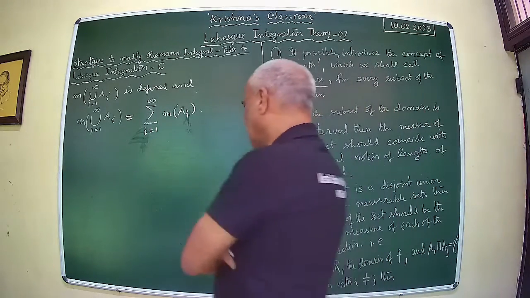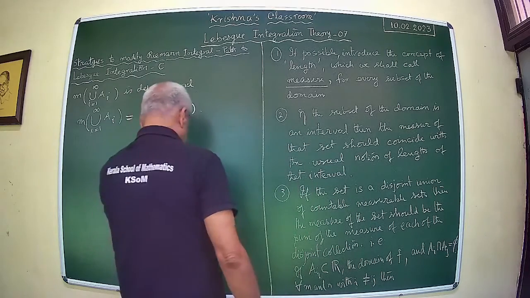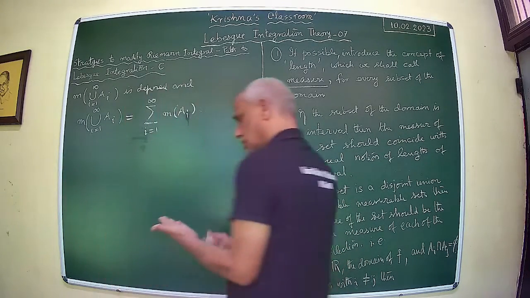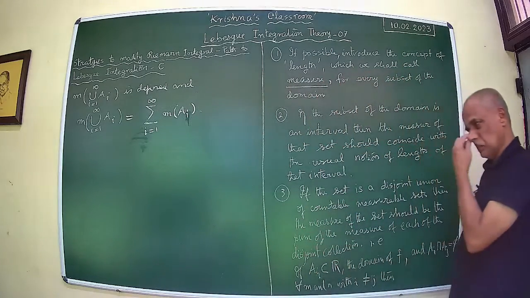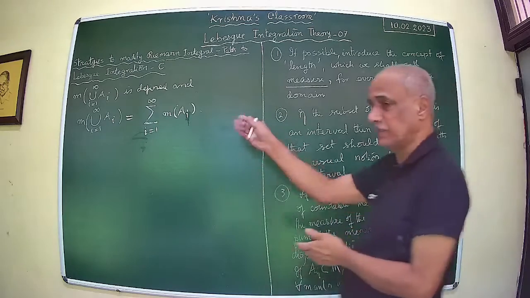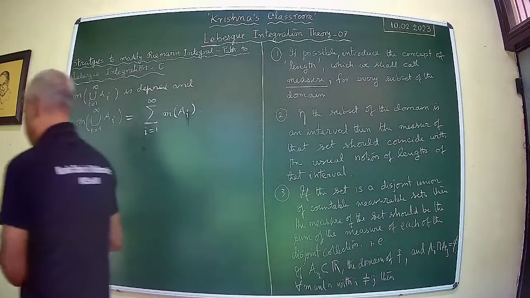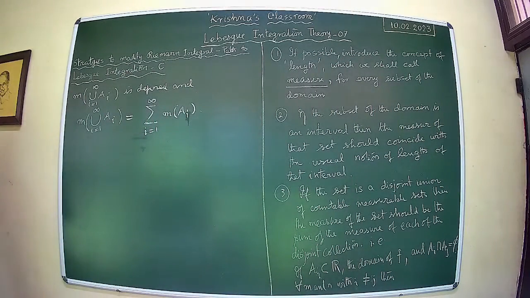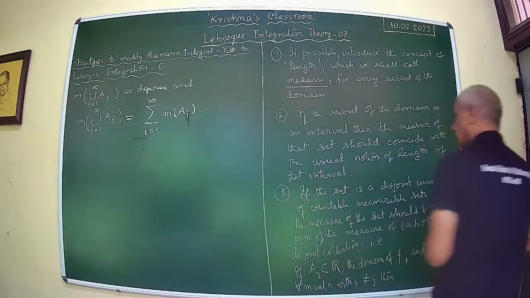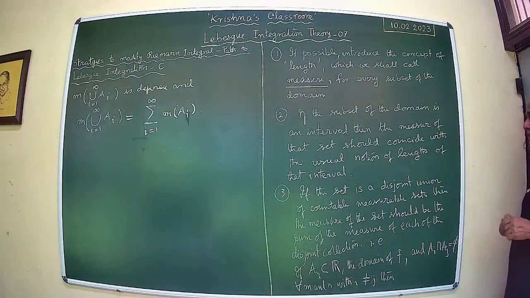So in short, this is what we are looking for. This is expressed by saying that measure is a countably additive set function. Okay. So that's a desirable property.